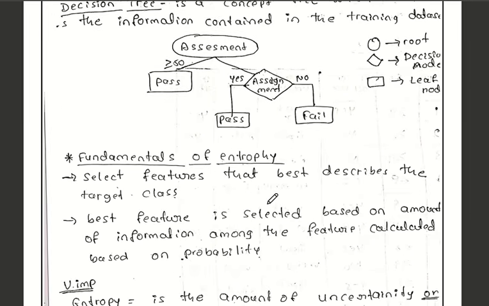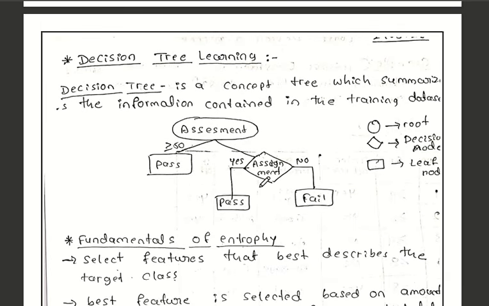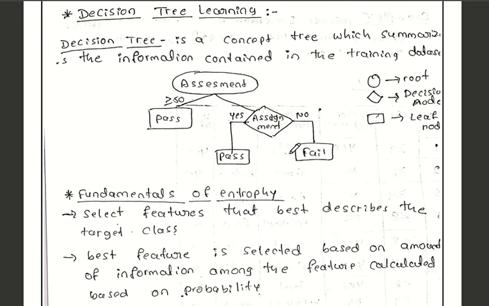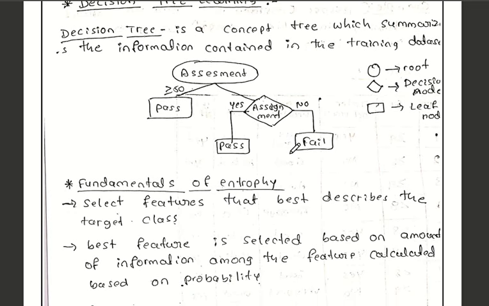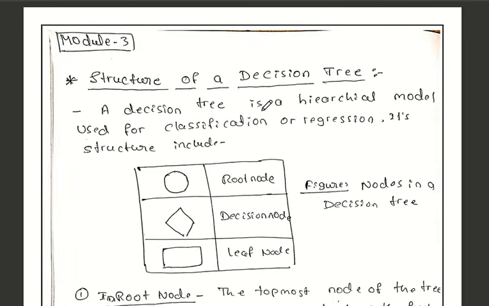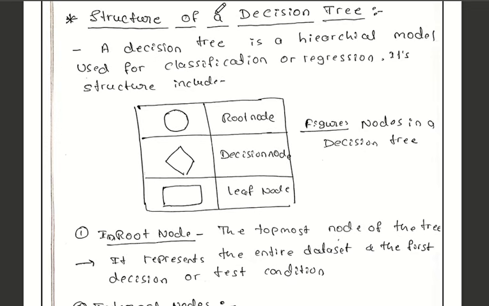This is the thing. Then moving on, finally decision tree learning is there, and it is also theory. A decision tree is a concept tree which summarizes the information contained in the training data. Again theory is there. Mainly the question is the structure of a decision tree.